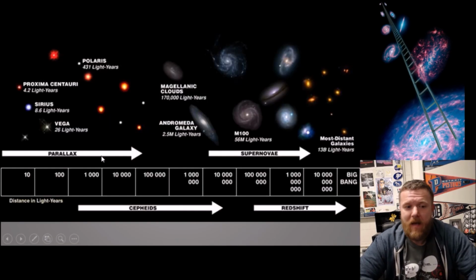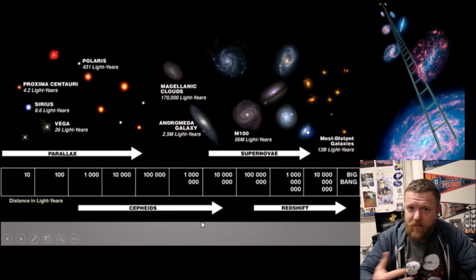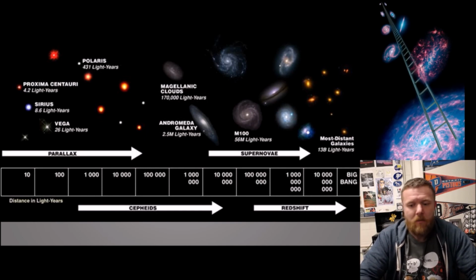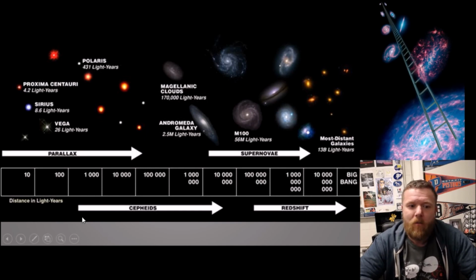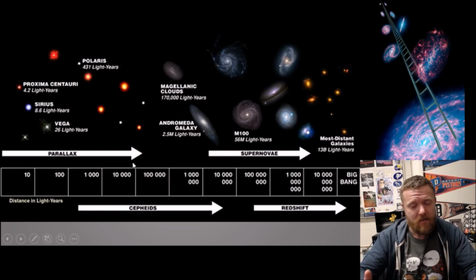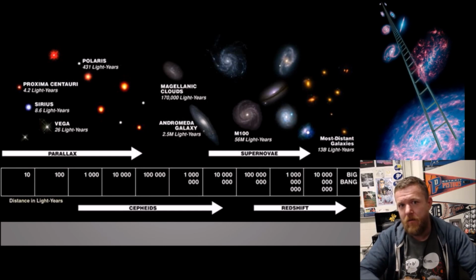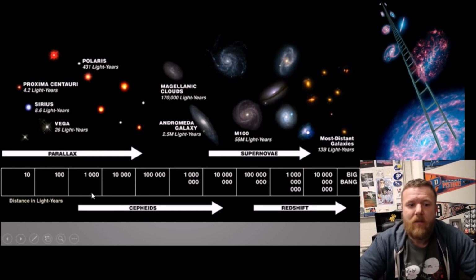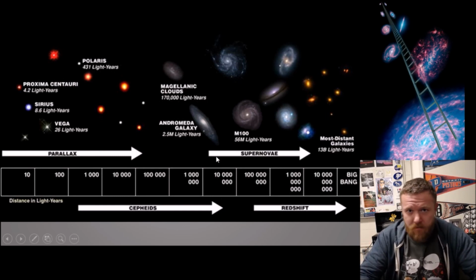If we did not have the method of parallax, well, finding out that Cepheid variable stars have that period luminosity relationship wouldn't help us any, because we wouldn't know how far away the closest Cepheid variable stars are. We have to be able to get parallax to figure out how far away those Cepheid variable stars are, so that we can then calibrate all Cepheid variable stars. And if we didn't have these, it doesn't matter if we knew how bright supernova type 1a are, because we would just be guessing as how far away they are.